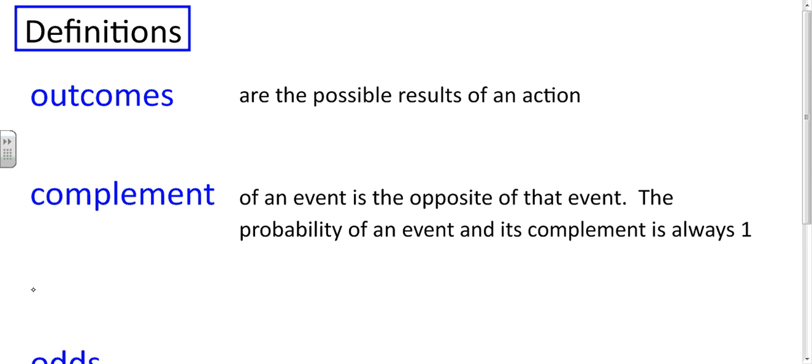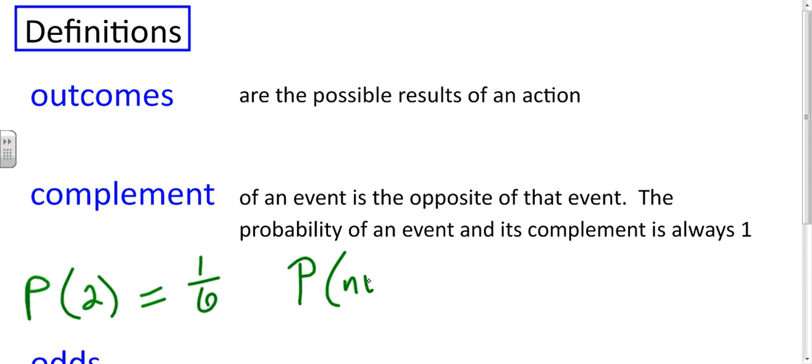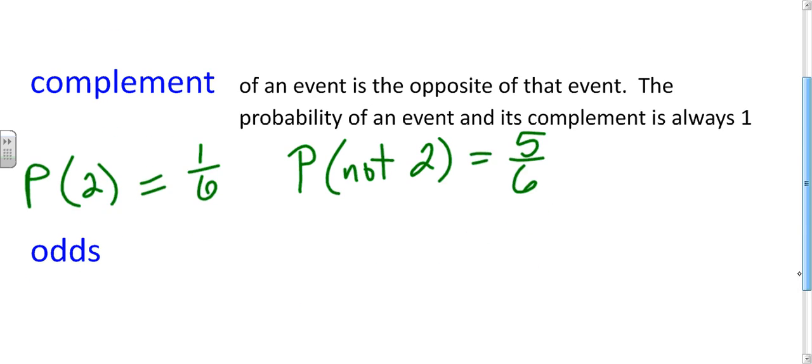So if I asked you what's the probability that I would roll a 2 on a six-sided die, that's 1 out of 6. Well, the complement of that is the probability of me not getting a 2 when I'm rolling that die. There are five possible outcomes that are not 2 out of 6 total. So that would be 5 out of 6.